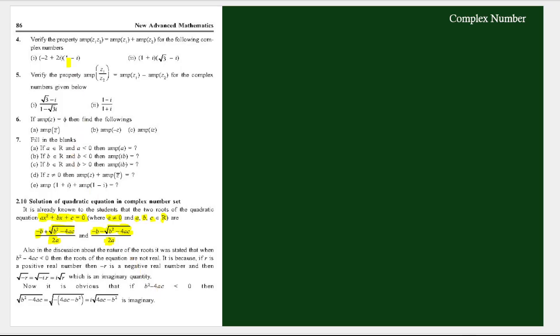So this is the solution of a quadratic equation. Ideally, we denote it like this: minus b plus minus root over b square minus 4ac by twice of a. Here we have written the plus and minus separately.